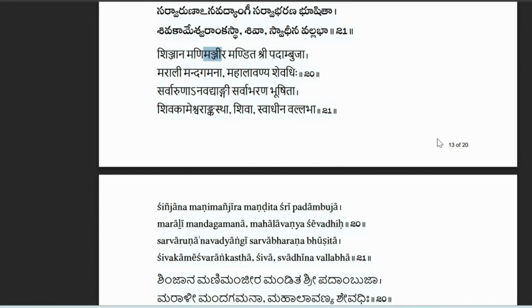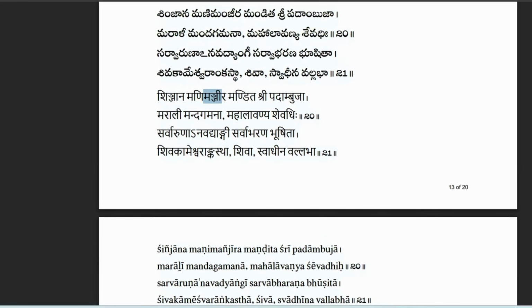But here in this example, it is not there, because they already changed it as per the rule. So see, Mandita, it is not ma with a dot on top of it. It is already changed, the na sound is added there.